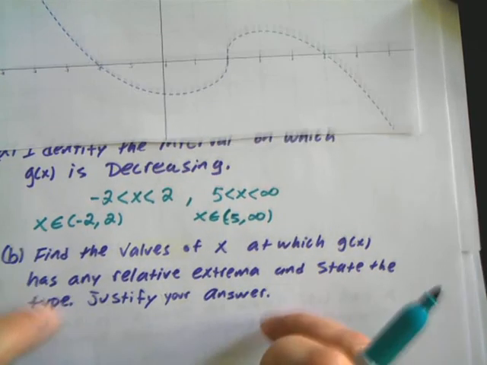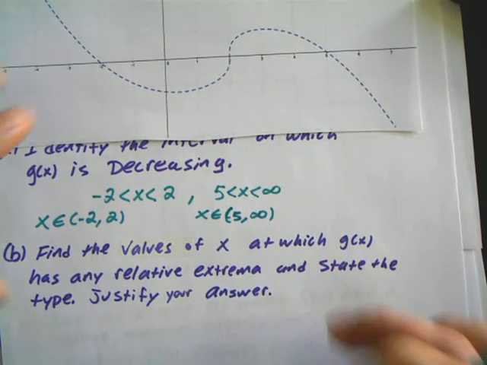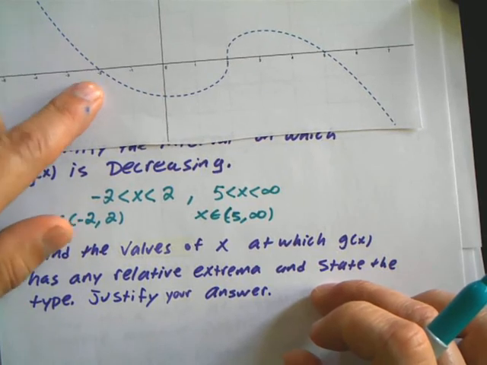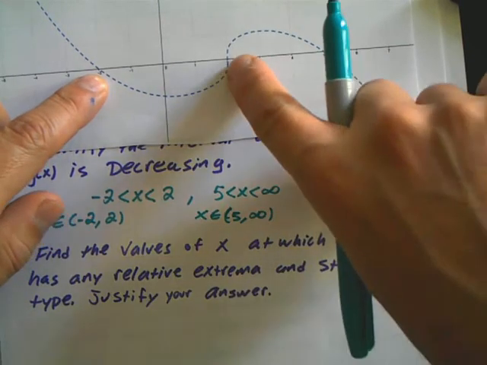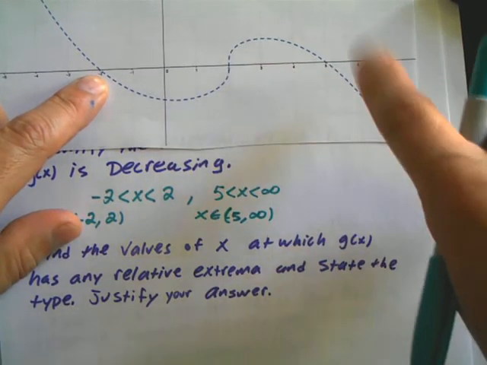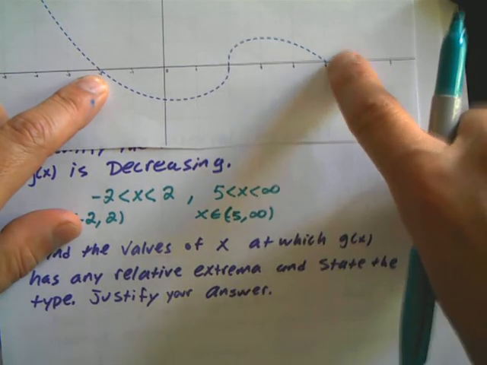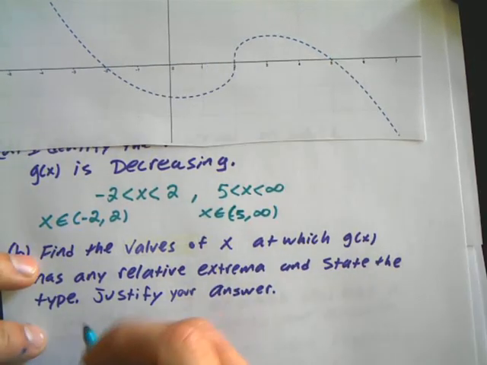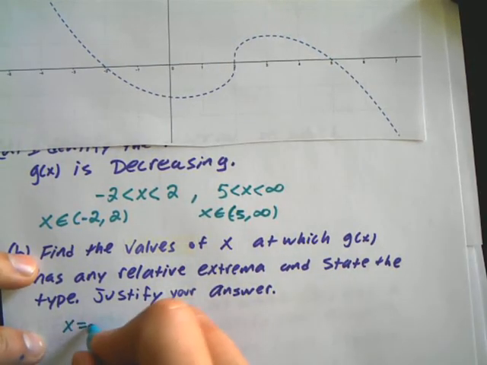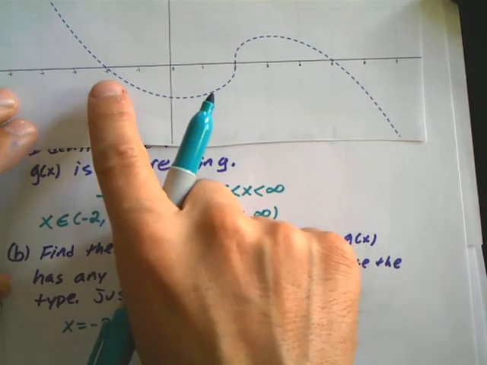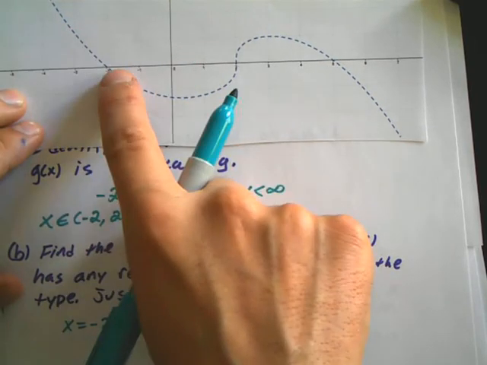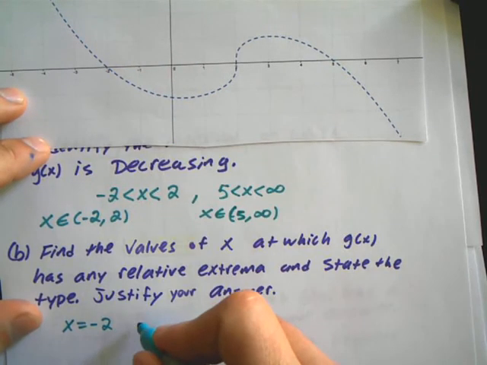Alright, for B, to find out where there's any relative extrema, I have to look for sign changes which occur at -2, at +2, and also at 5. So at x equal to -2, there's a positive to negative sign change. So this would be your relative maximum.